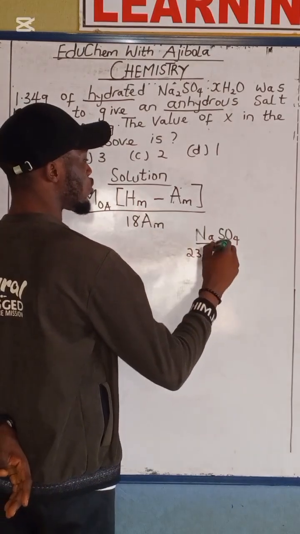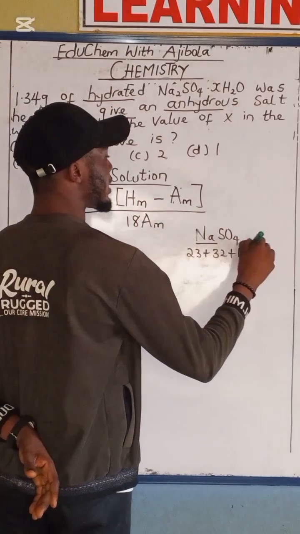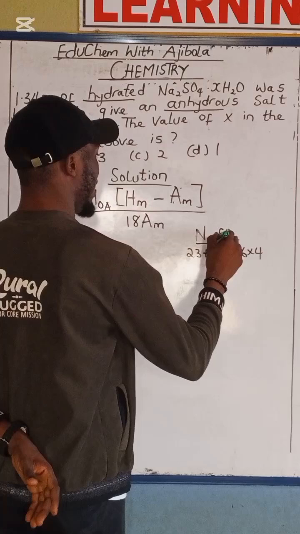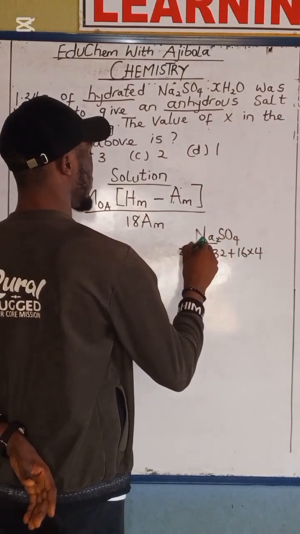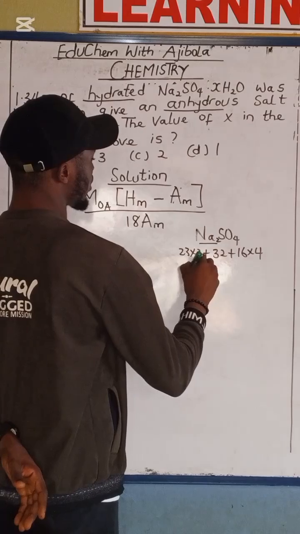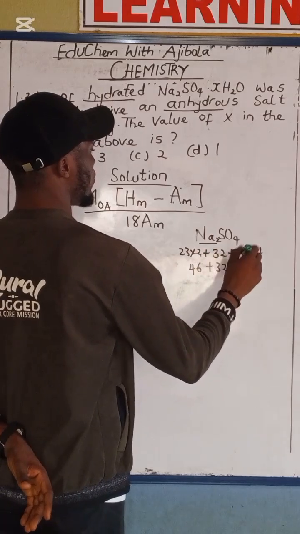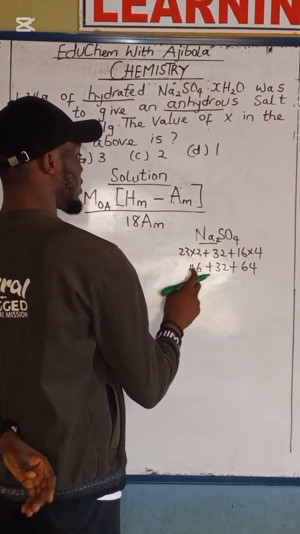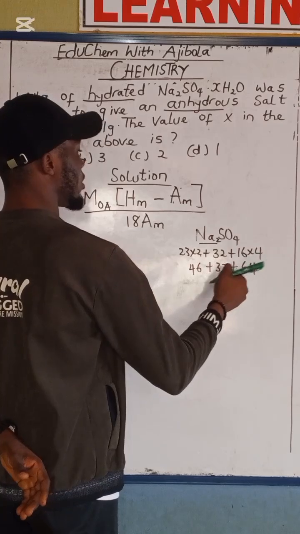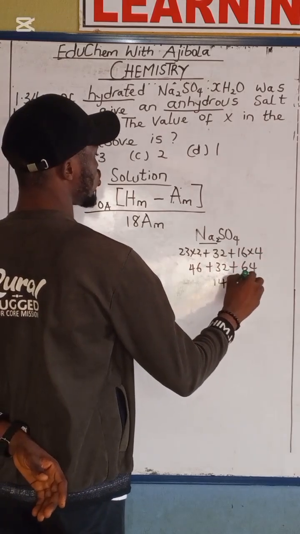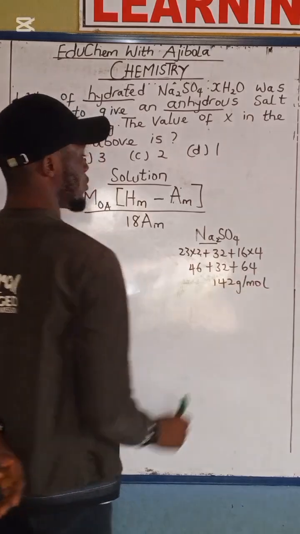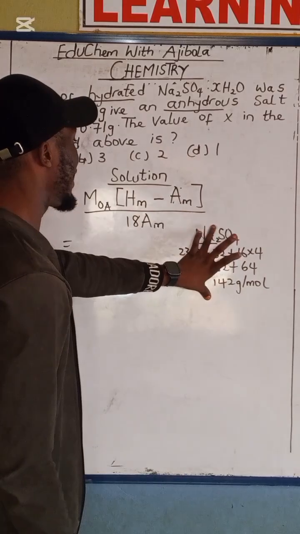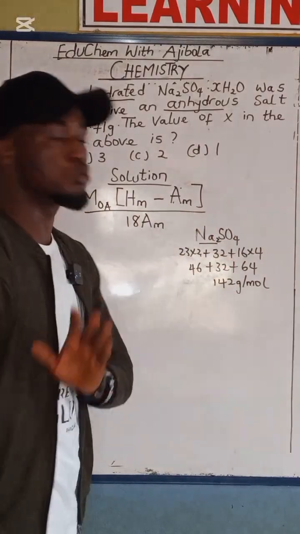Na2, so that's 23 times 2, which gives us 46, plus 32 for sulfur, plus 16 times 4, which gives us 64. So 46 plus 32 gives us 78, and 78 plus 64 gives us 142 gram per mole. So the molar mass of the anhydrous salt here is 142 gram per mole.